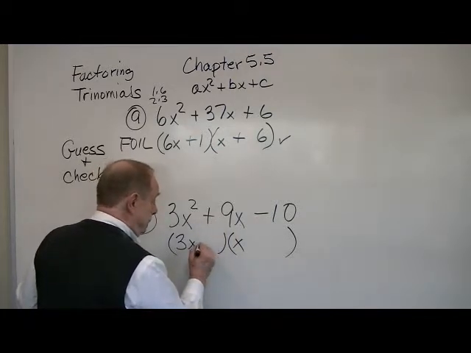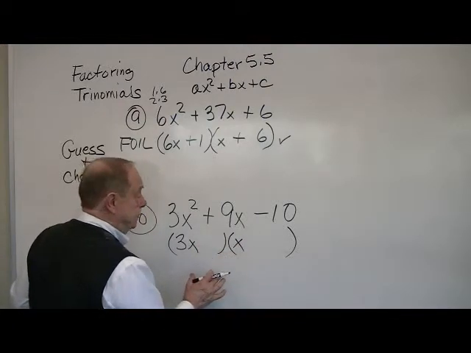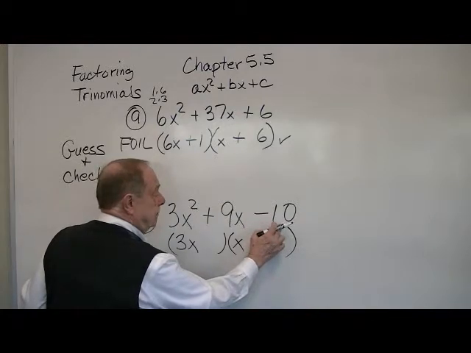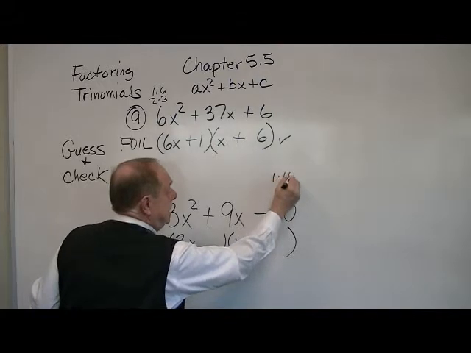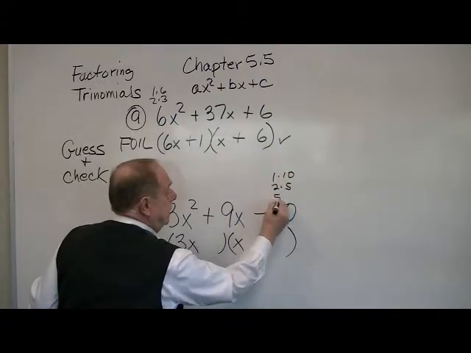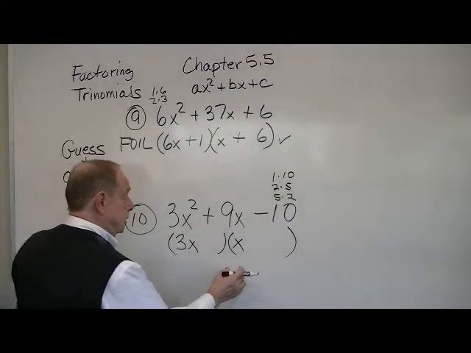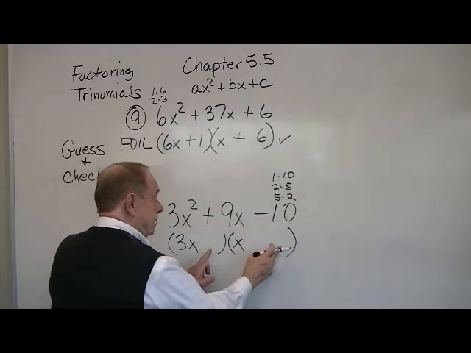So one of these has to be positive and one negative. And then we're now looking at the factors of 10. Well, factors of 10 are 1 times 10, 2 times 5, and 5 times 2. So these are the things, depending on the signs, that we can put in here.